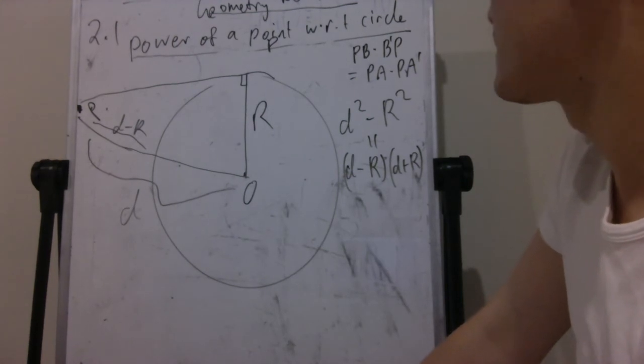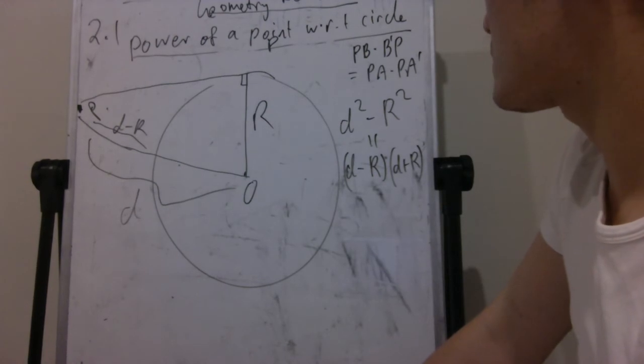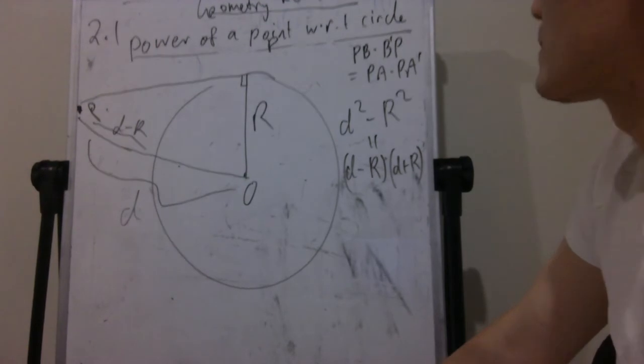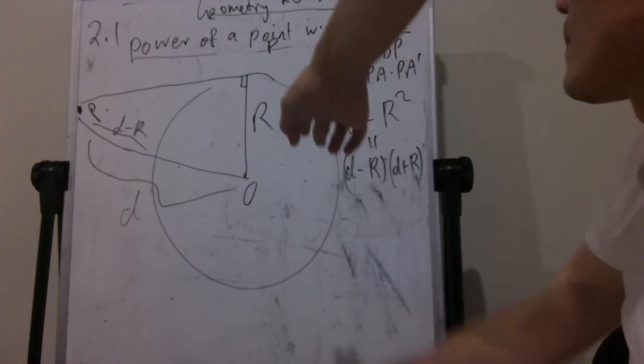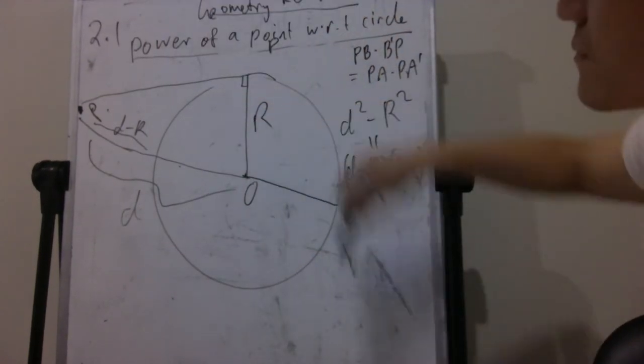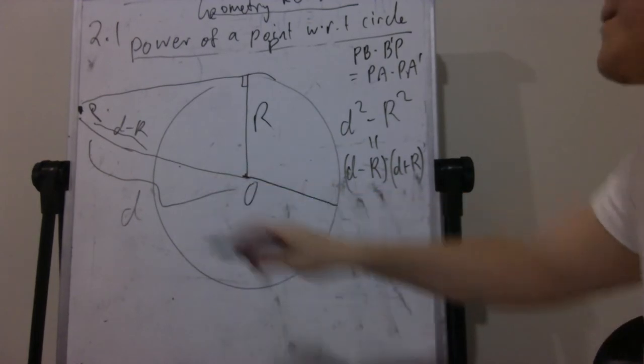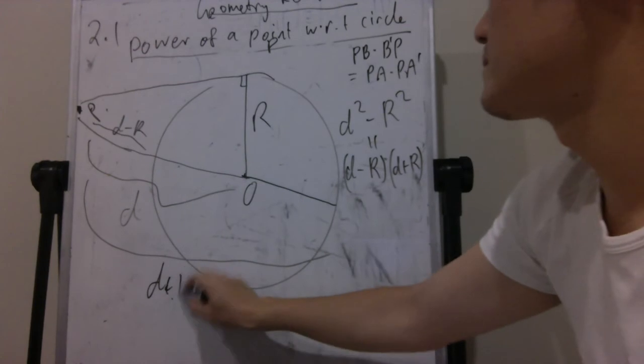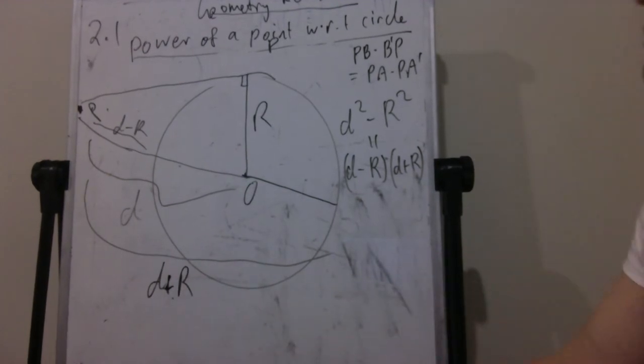Because it'd be the circumference, then it'd be up to here, then that'd be D plus R. Exactly, that's the special case of the thing. So this is D plus R, right? Excellent, that's really cool.